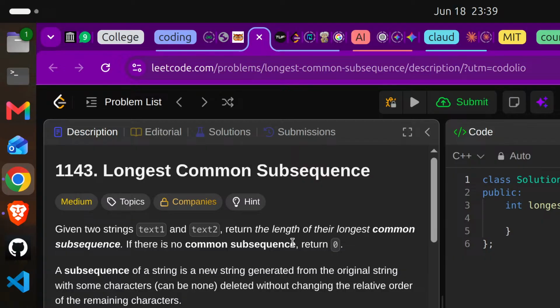If this is not true, else dp of I comma j is equal to max of dp of I minus 1 comma j, comma dp of I comma j minus 1. Alright.